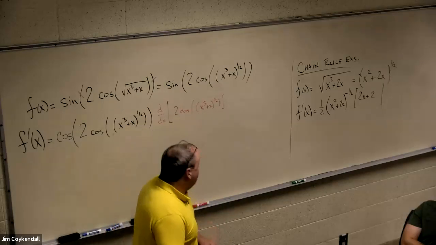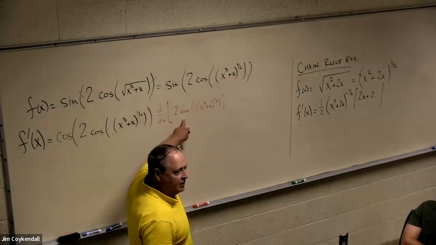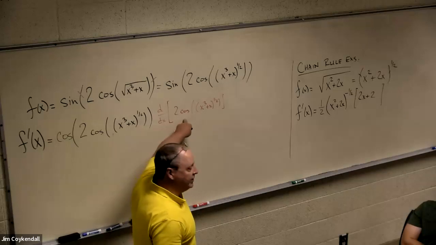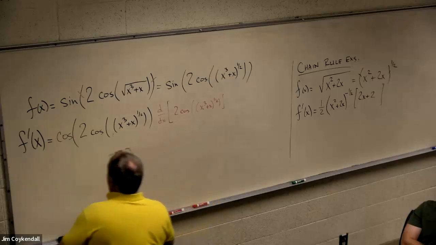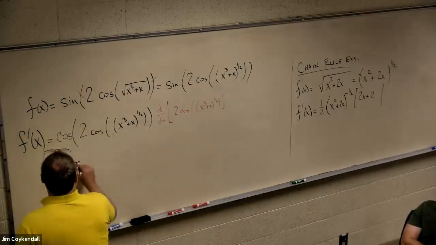Everybody agree with it? By the way, this answer is right. It's just incomplete, because it still needs to evaluate this. So let's keep going. Let's try to evaluate it.